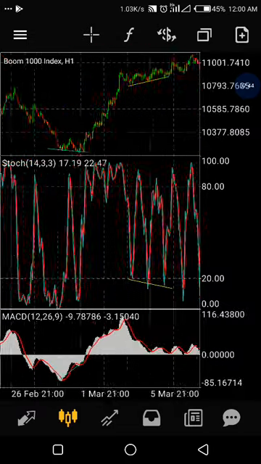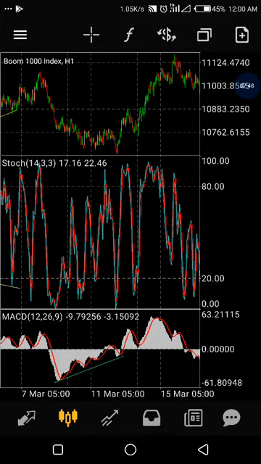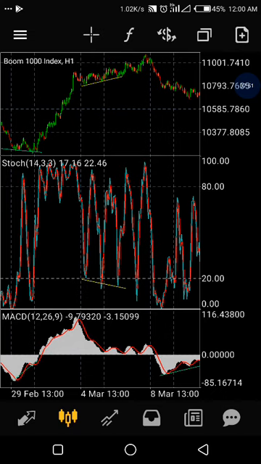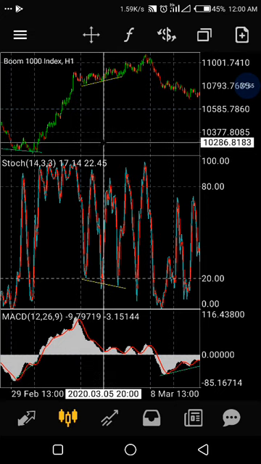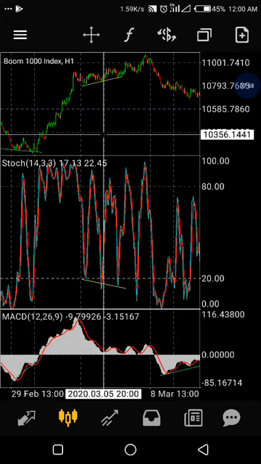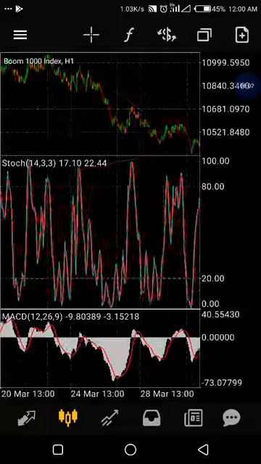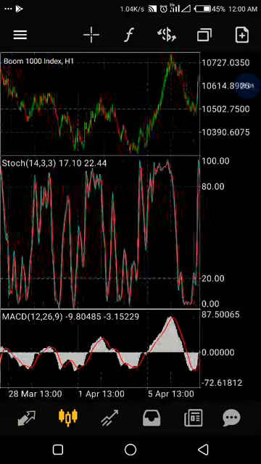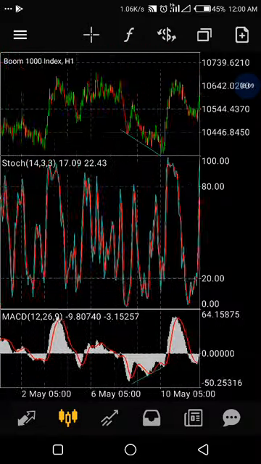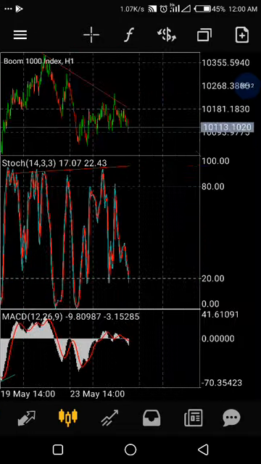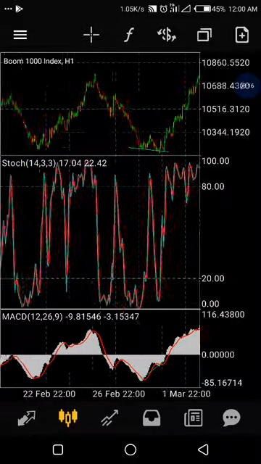All right, so let's go to negative bullish divergence. See here, this is a negative bullish divergence. It shows the continuation of a bullish trend, while the negative divergence shows the continuation of a bearish trend.